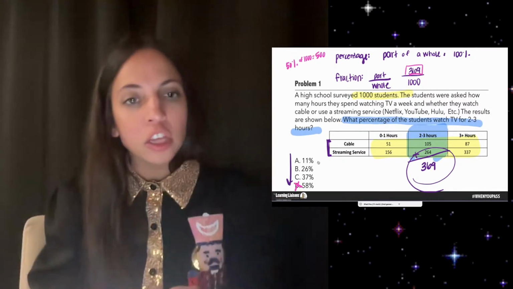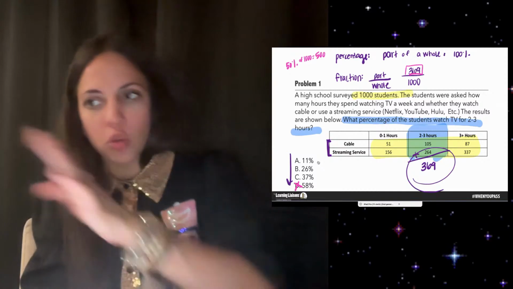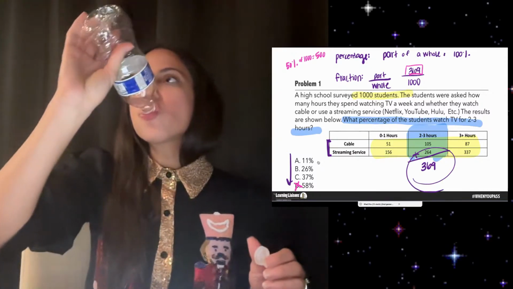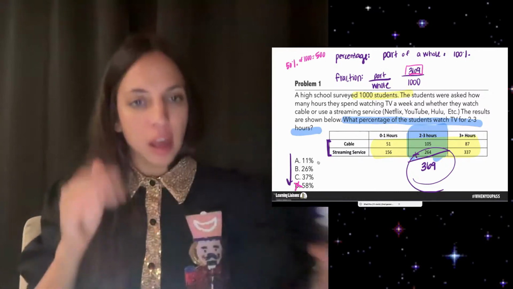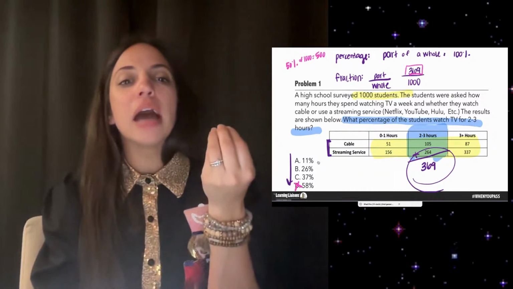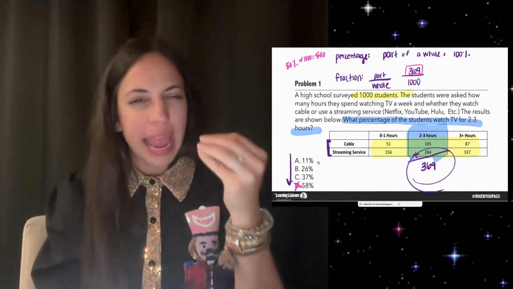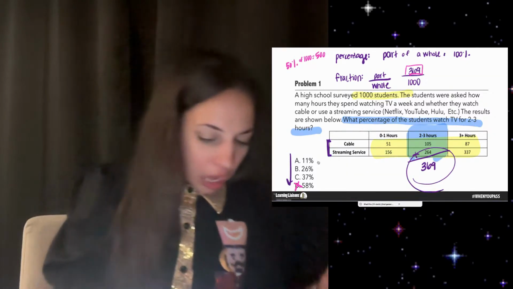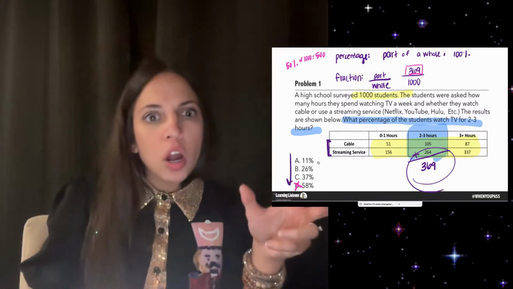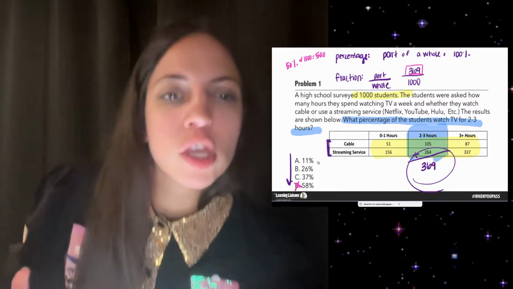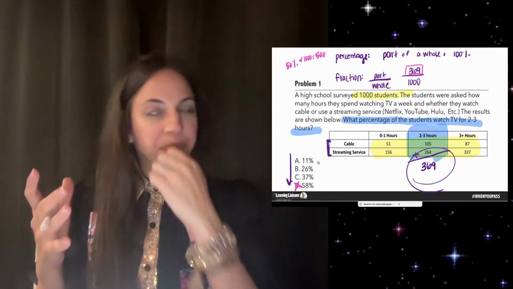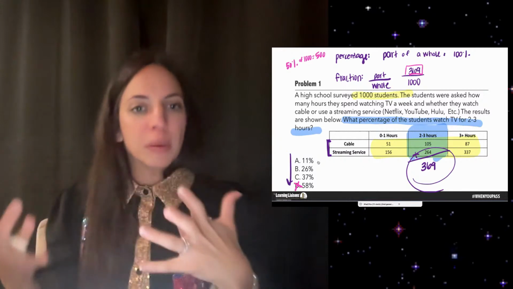Y'all, I'm telling you, no matter what grade level you are taking, no matter what kind of assessment you are taking, it is going to help you to really understand number sense and to understand anchor numbers, anchor fractions, anchor percents, understanding 50%, 10%, a quarter. Being able to really mess with those in your brain is going to be super helpful for you when you are solving problems like this.